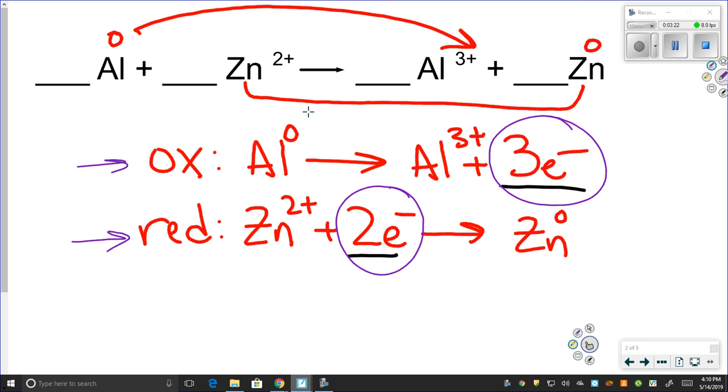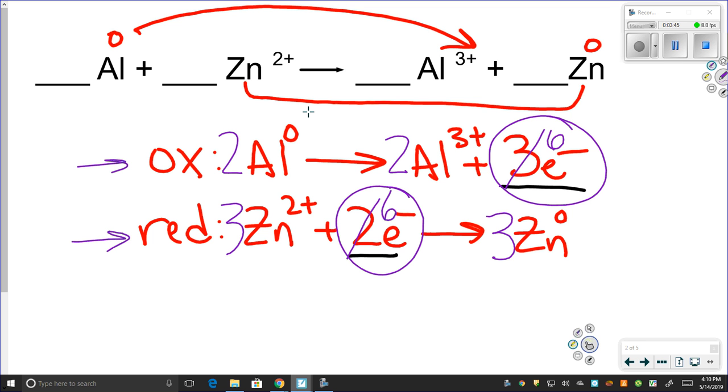Well, 2 and 3 can both be multiplied by another integer to get 6. We could multiply everything in the aluminum line by 2, which would make this 3 a 6. We could multiply everything in the zinc line by 3, and that would get us our 6, and we are good.